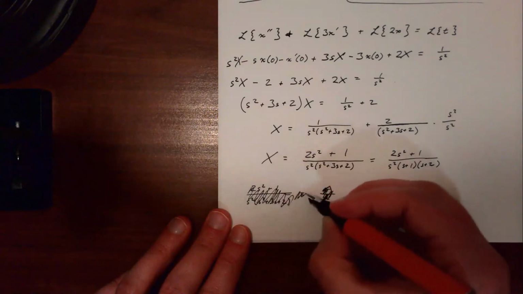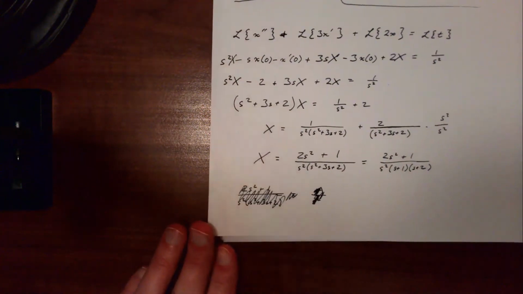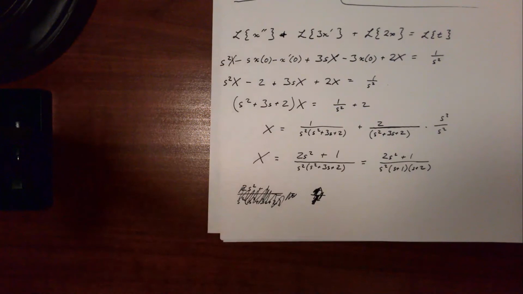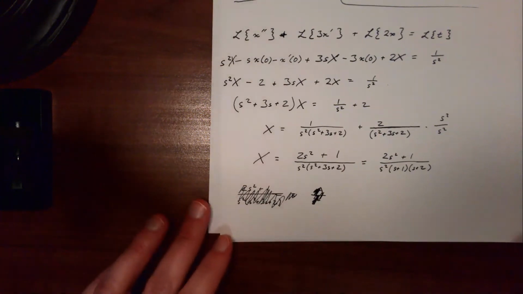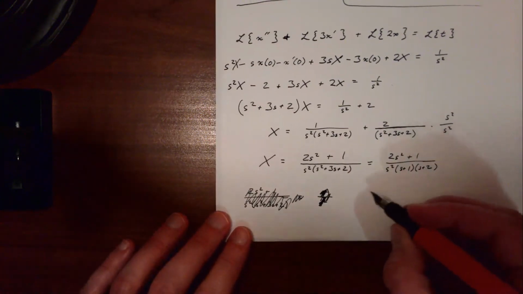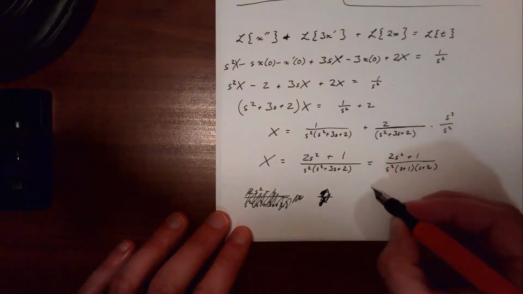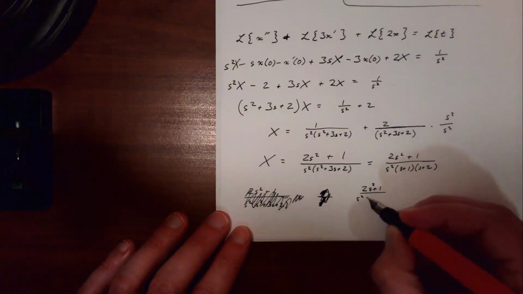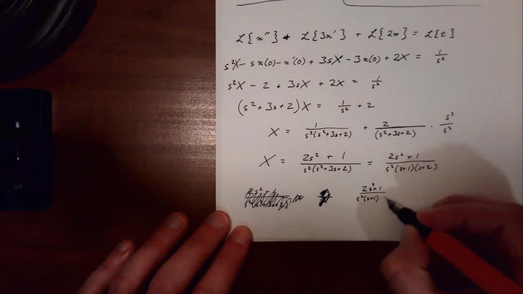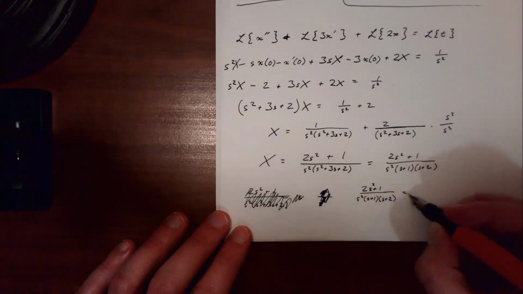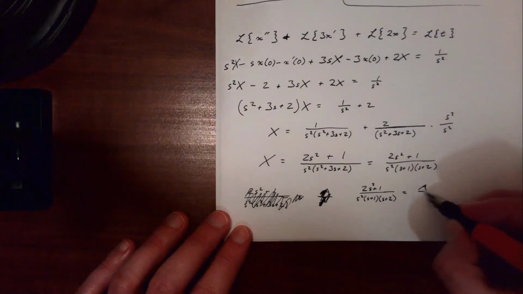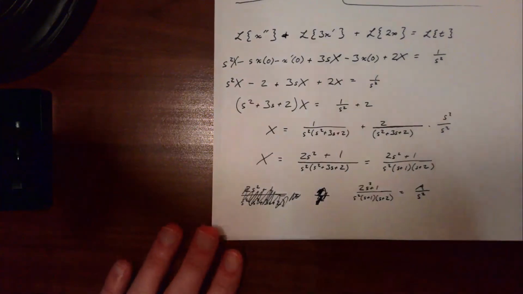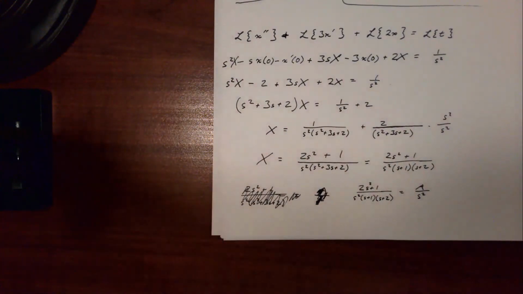Otherwise, we're just going to end up with the classic situation of having lots and lots of extra variables. Okay. So now what we have is (2s squared plus 1) over s squared times (s plus 1) times (s plus 2). That's going to equal some mystery a over s squared, and now we have to think about what we have to do when one of our factors is like this.